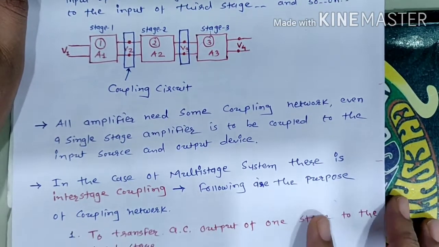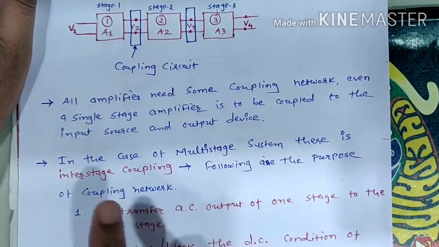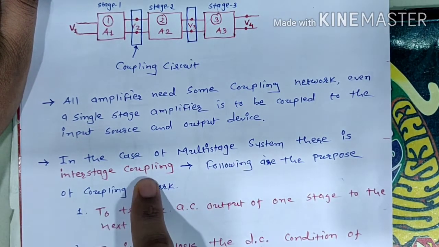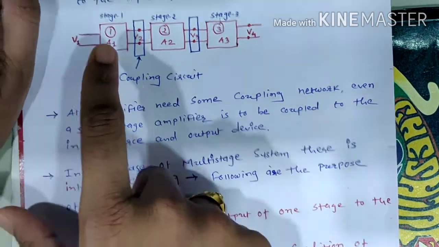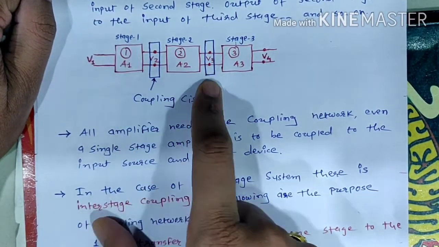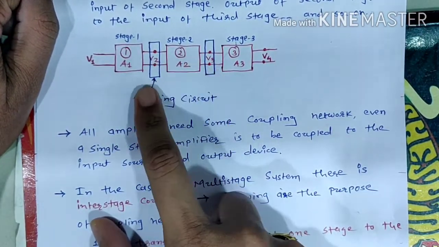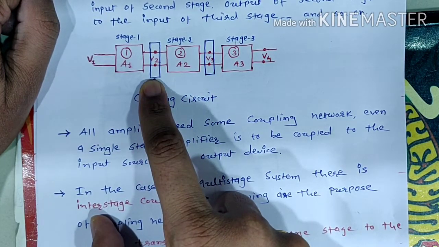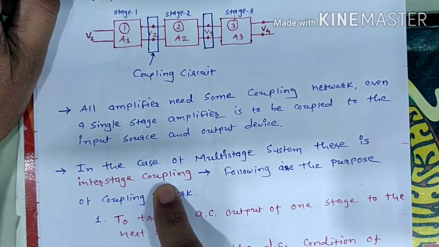In case of a multi-stage system there is interstage coupling. So we have to connect some device, network or circuit, which is called the interstage coupling.